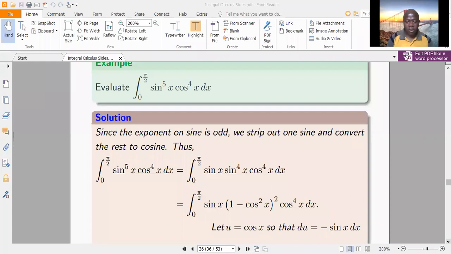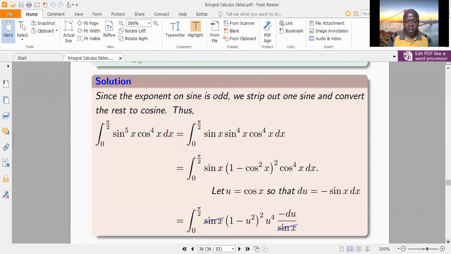Remember that where there is cos x, we write u. So we have sine x into 1 minus u squared, squared, and then u raised to 4. But instead of dx, we have du divided by negative sine x, and that negative is here.